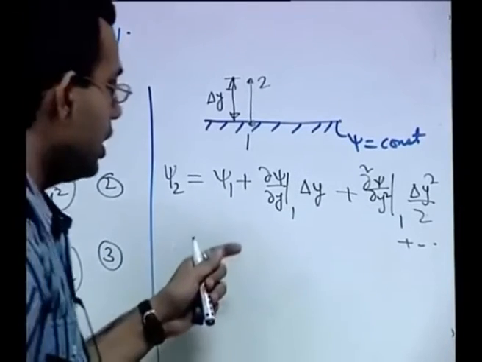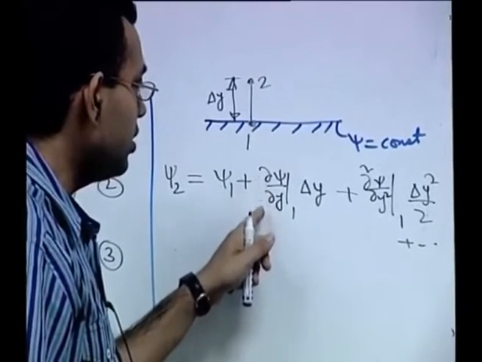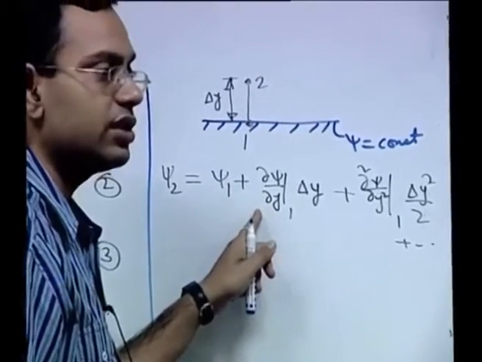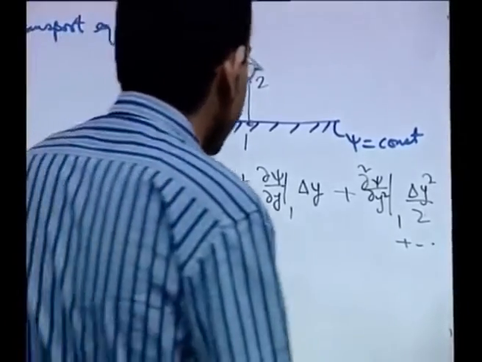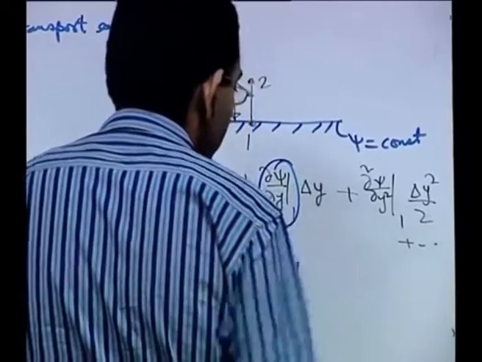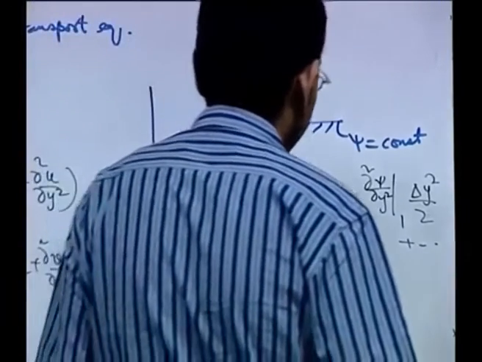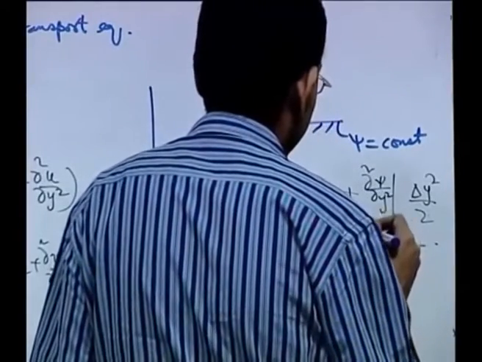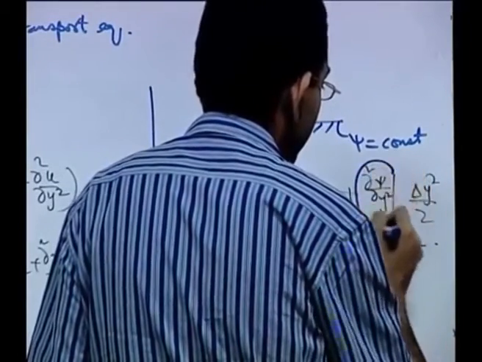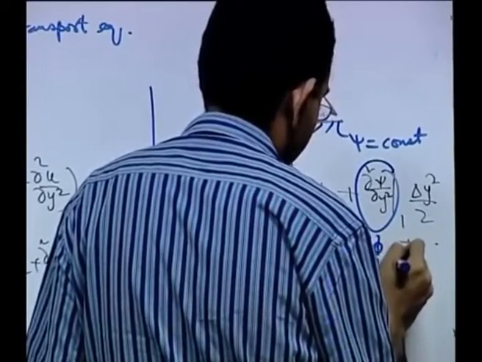Now it is possible to write the stream function in terms of the velocity. So you can write this as u at 1, this is del u del y at 1.